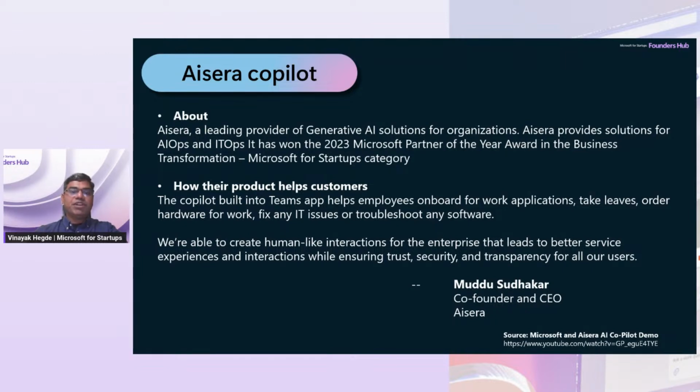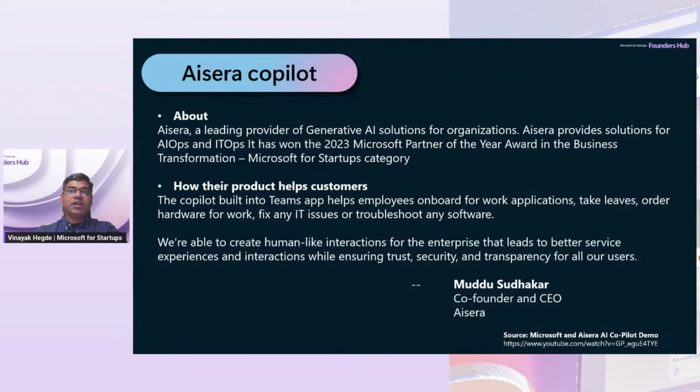For example, if a new employee has joined and wants to onboard for work applications, maybe get access to the CRM or the internal wiki, take leaves, order any hardware they need for their work, or fix any IT issues or troubleshoot any software. Along with OpenAI and their own proprietary models, they are able to combine and get all of the data from across the intranet, and help people not only find information but also follow a step-by-step process to solve the problem, right?